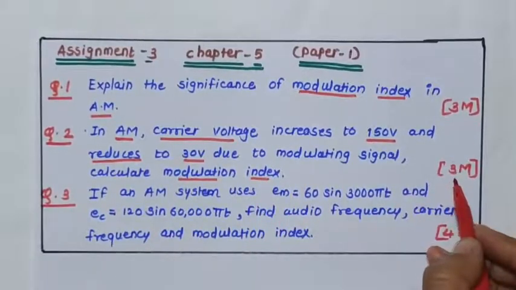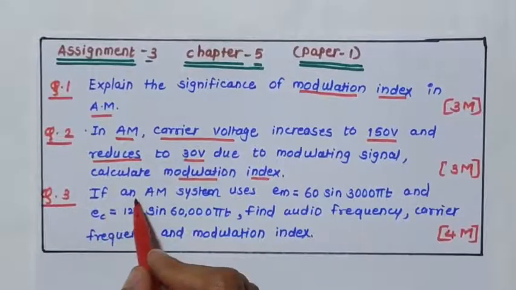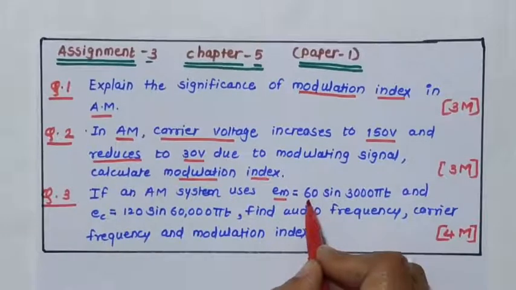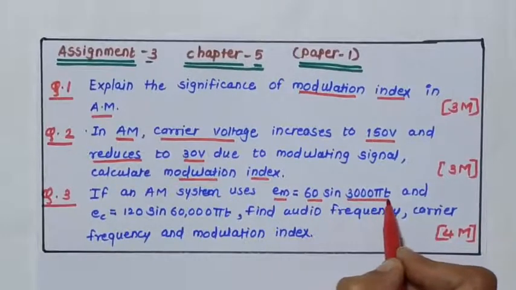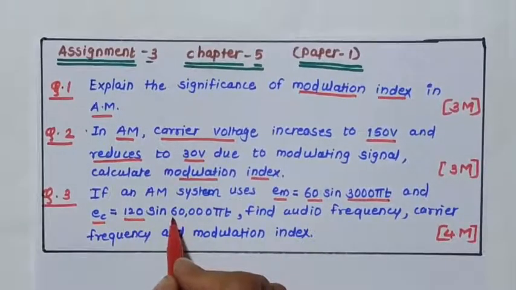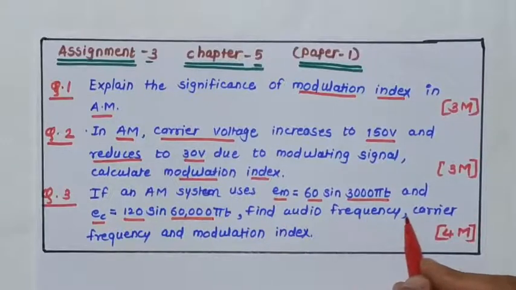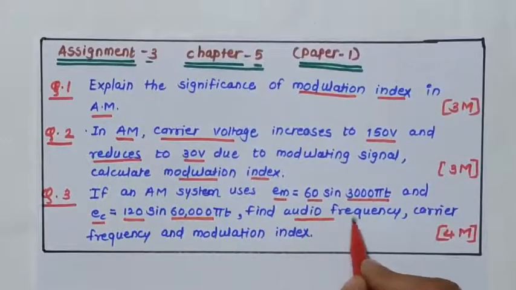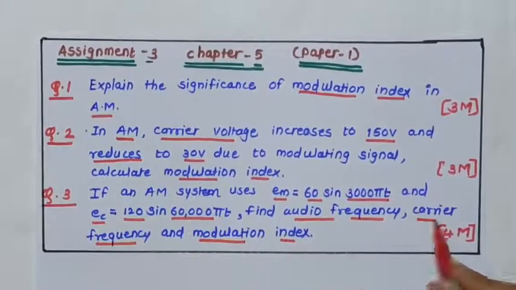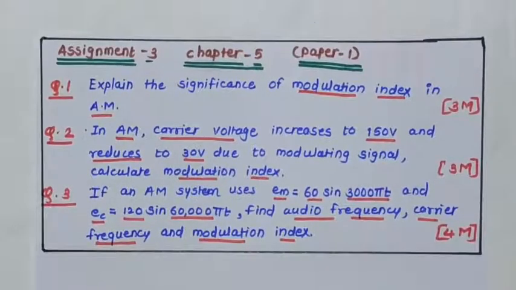This question carries 3 marks. Question number 3: If an AM system uses Em equal to 60 sin 3000 pi t and Ec equal to 120 sin 60,000 pi t, find audio frequency, carrier frequency and modulation index. Okay students, this question number 3 carries 4 marks.